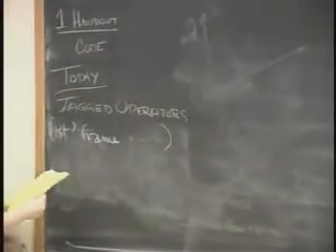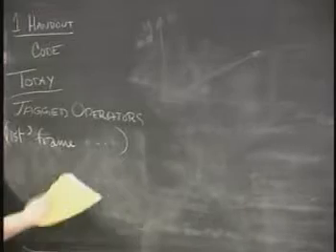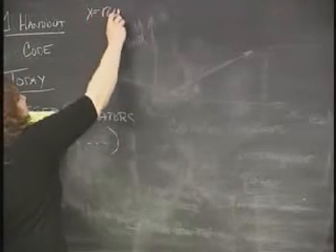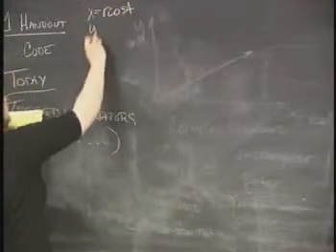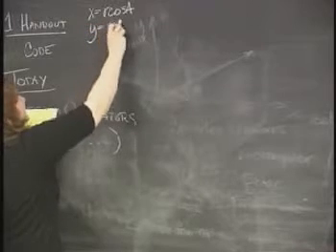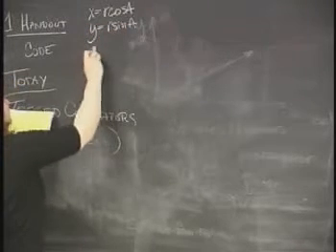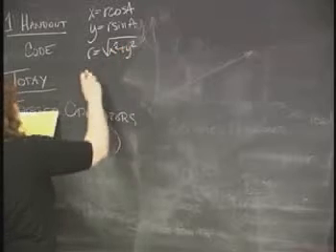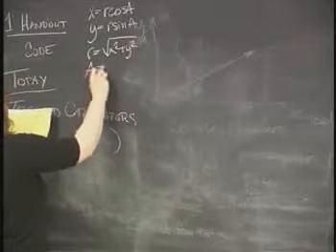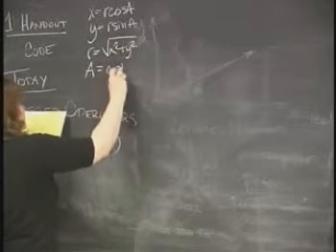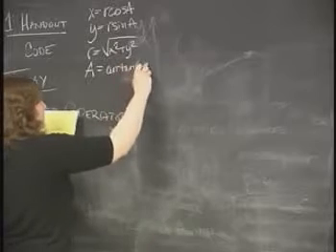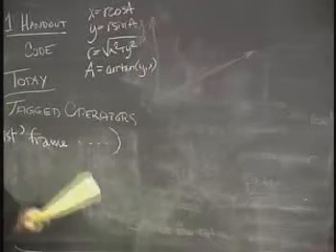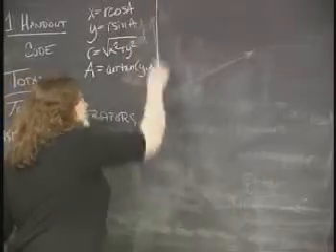Okay, so we have some conversions. x is r cosine A, y is r sine A, r is equal to the square root of x squared plus y squared, and the angle is the arctan of y over x. Okay, we have these.